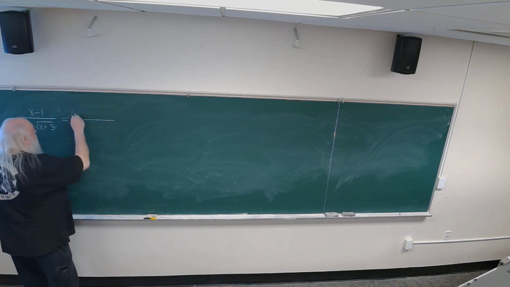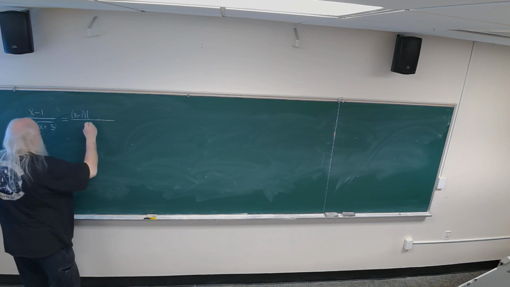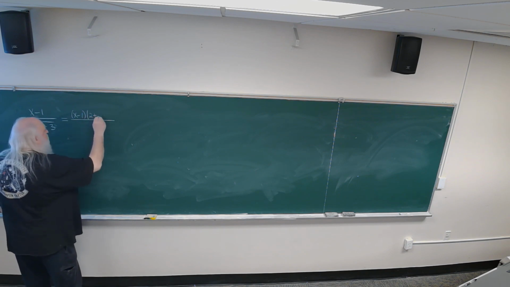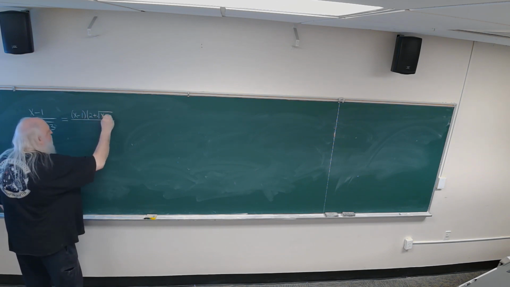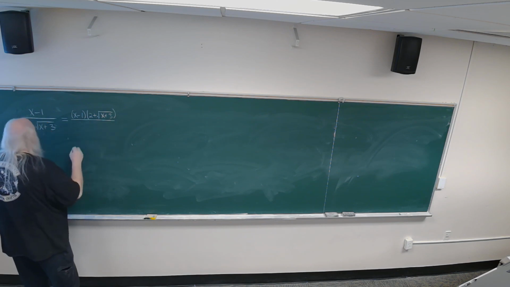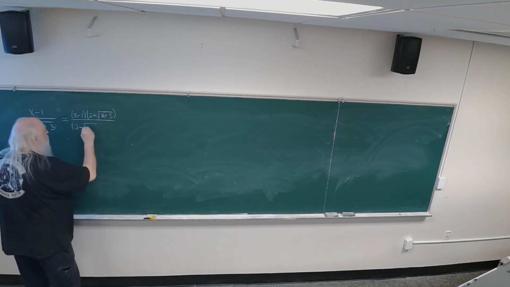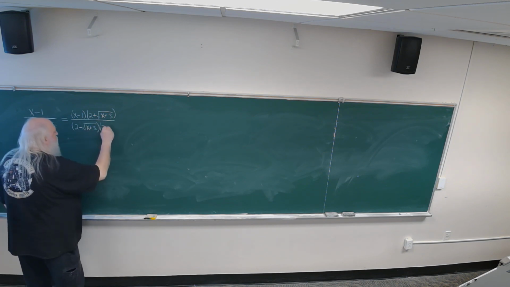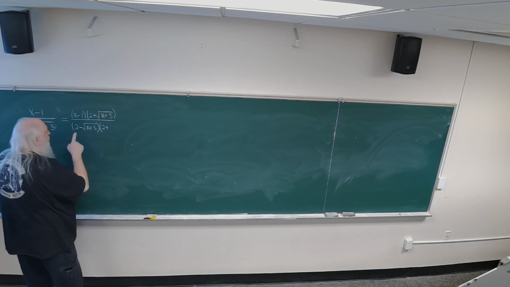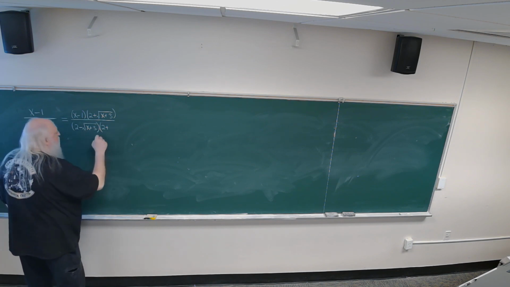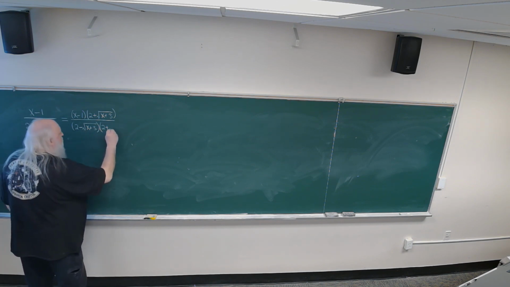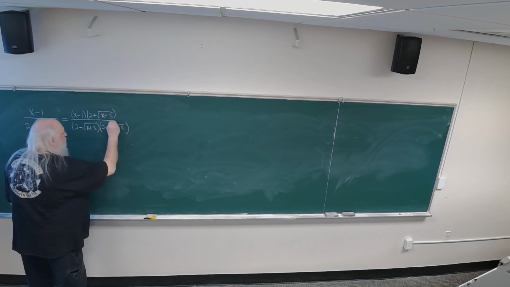So we have x minus 1 times 2 plus the square root of x plus 3, over the denominator, 2 minus the square root of x plus 3 times 2 plus the square root of x plus 3.